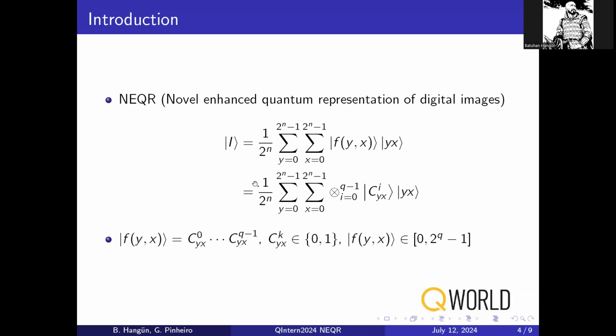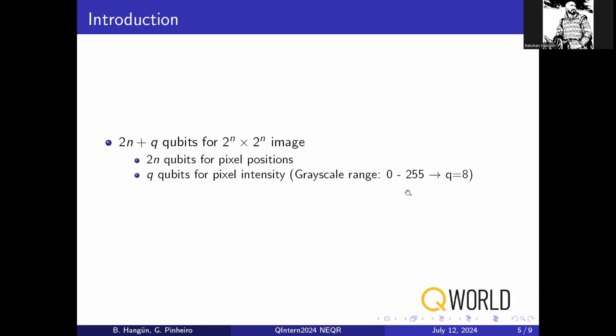And this is the closed form of it. It's actually like a tensor product of image location and pixel values. As you see here, that qubit represents the pixel value depending on the image intensity levels, and this one represents the pixel location.